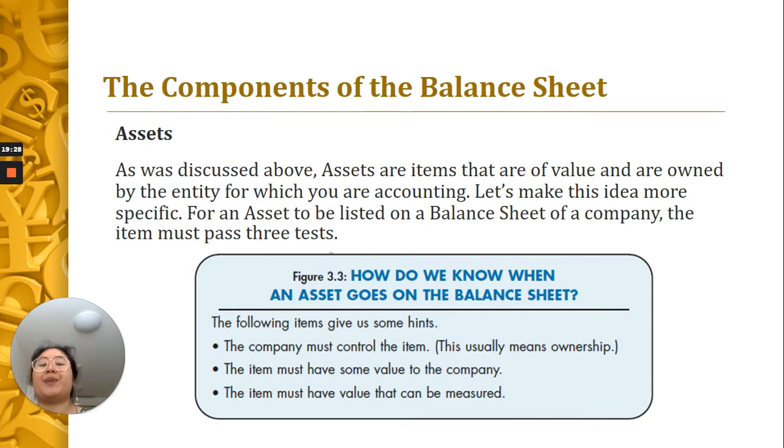The second: the item must have some value to the company. The third: the item must have a value that can be measured. These are the three tests of which assets we should list on the balance sheet. If they pass the three tests, they should be listed on the balance sheet.